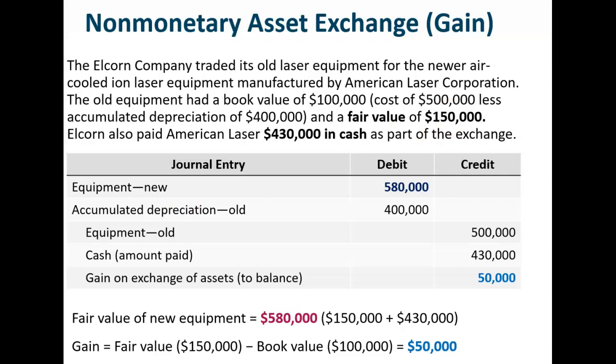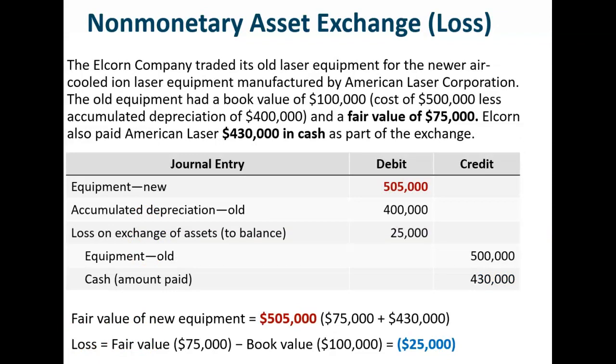For example, if it was known that the fair value of the new air-cooled ion laser equipment was $580,000, and you did not know what the fair value of the old asset was, then you could calculate this $150,000 fair value by subtracting the cash paid, $430,000, from the stated fair value of the asset received. $580,000 minus $430,000 equals the $150,000 calculated fair value of the old asset. The journal entry would be exactly the same, however.